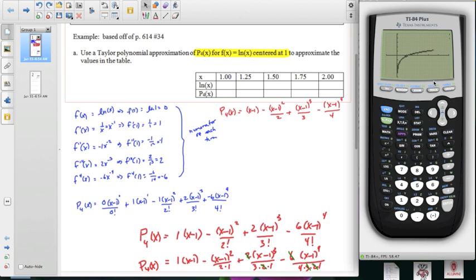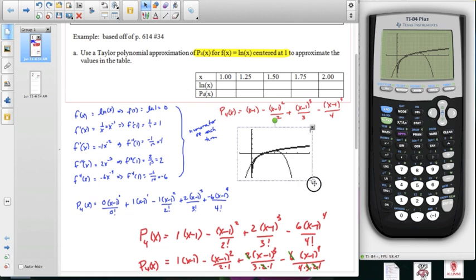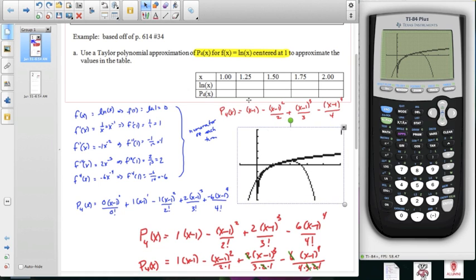There we go. So we have this 4th degree approximation that looks pretty good from about here to about here. That approximation pretty much follows the actual function pretty closely.